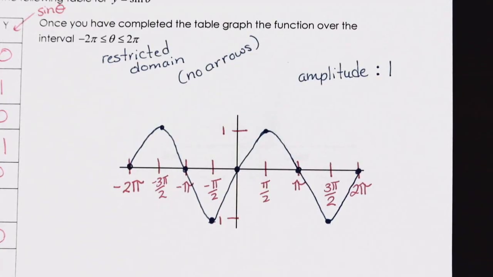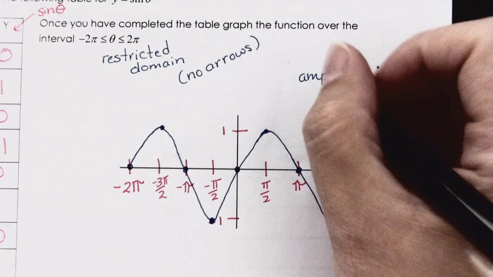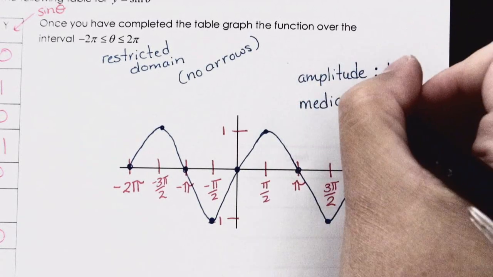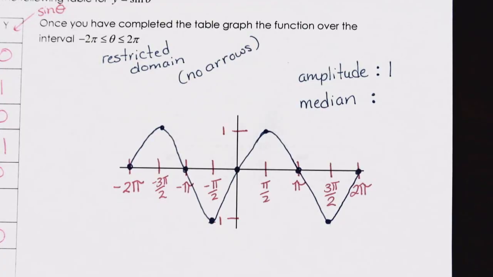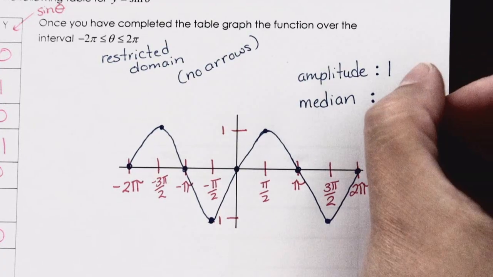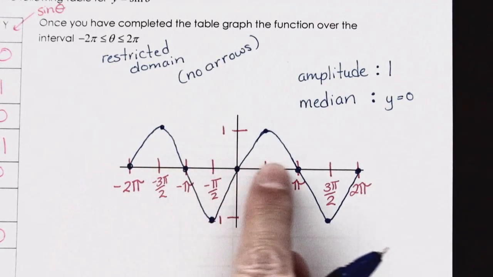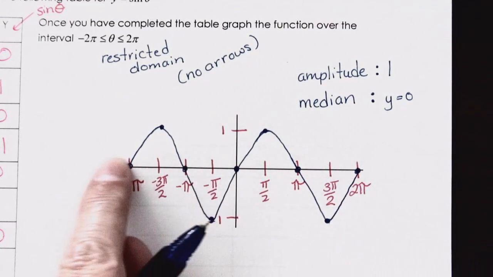Remember that you're not going from the bottom to the top, you're going from the middle. Where's the median? Y equals 0. So what we know is that the middle point of this graph is the x-axis, right?